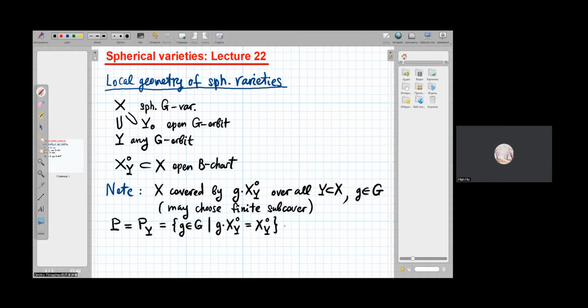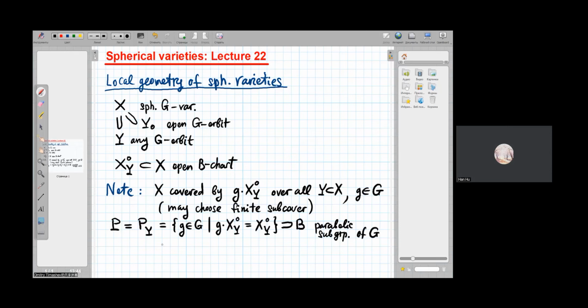This is a parabolic subgroup of G containing the Borel subgroup, because if g is in the Borel subgroup, then of course g preserves the open B chart, because the open B chart is B-stable.